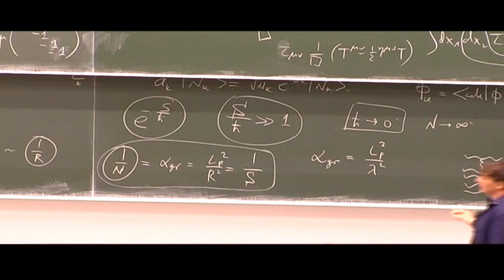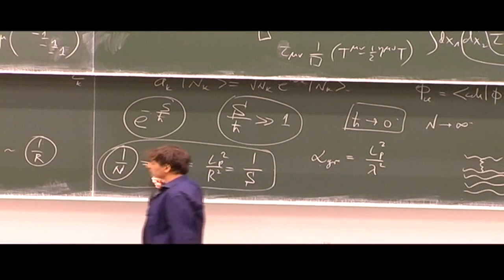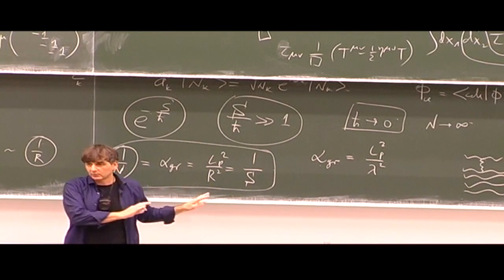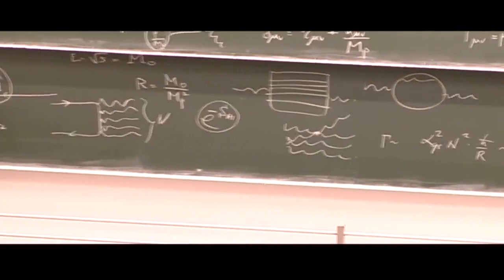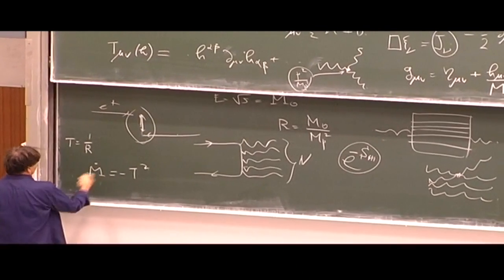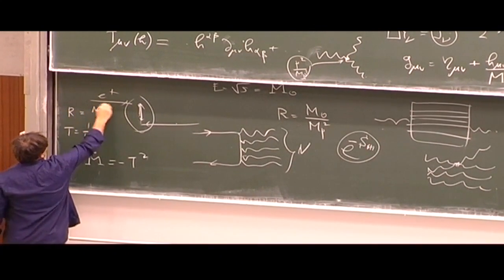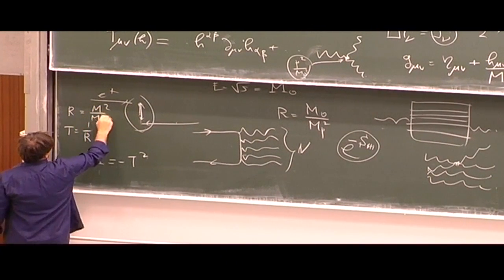And I told you in the previous lecture, I think, that this deviation from thermality you can predict without any microscopic picture, for a generic black hole. Why? Because if I have a black hole, what do I have? I have the Stefan-Boltzmann law for black hole evaporation, right? And the temperature of a black hole is 1 over R. And R is m squared over m Planck squared.